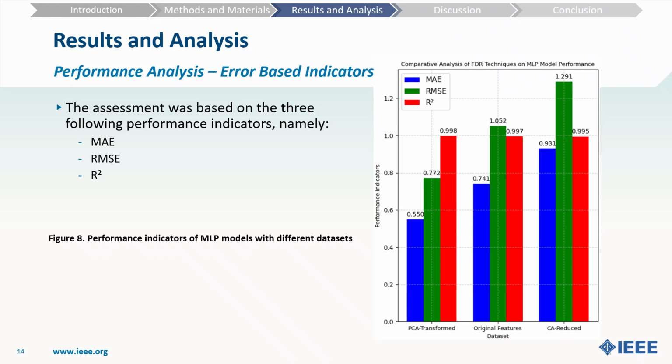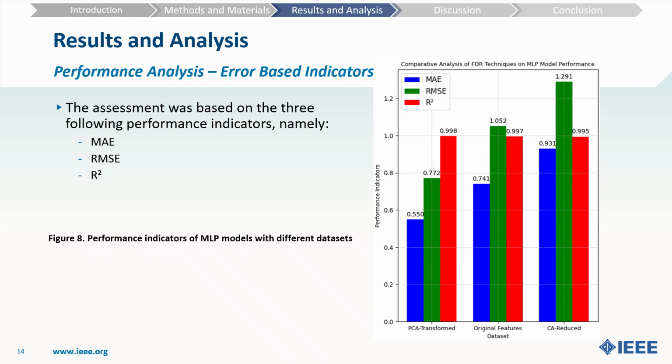As the principal component analysis transformed dataset achieves the best results with the lowest MAE and MSE, indicating better predictive accuracy while maintaining a high coefficient of determination.